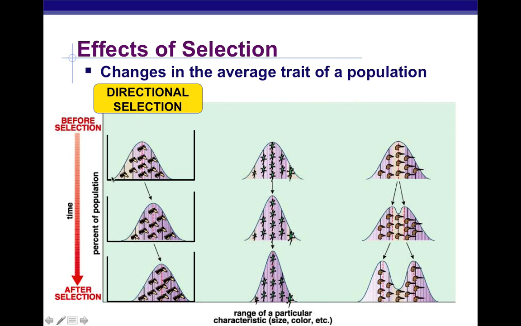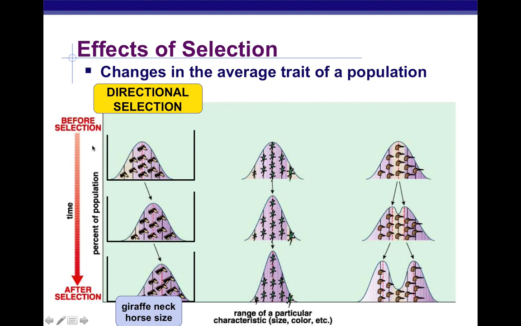In this case, what this graph is showing is that you have a wide distribution of a certain trait. In this case, the giraffe neck and horse size. So here, it's kind of right in the middle. You have really small giraffe neck to medium, normal giraffe neck to really long giraffe neck, or size in horses. Through natural selection, that large horse size or that long neck becomes advantageous.